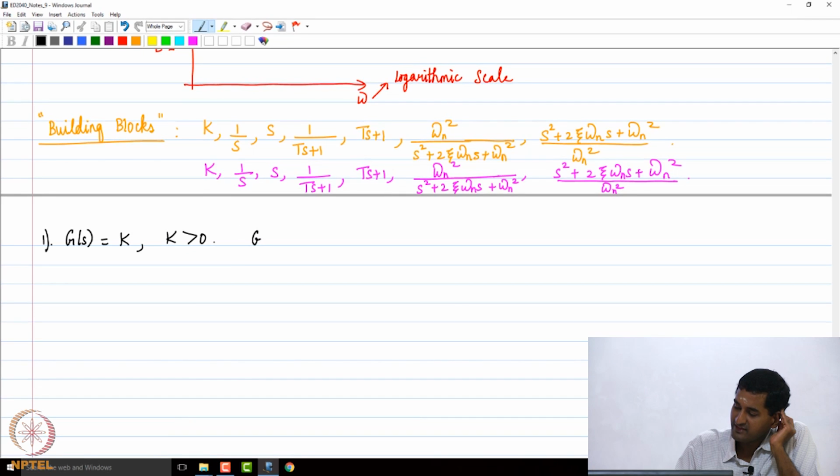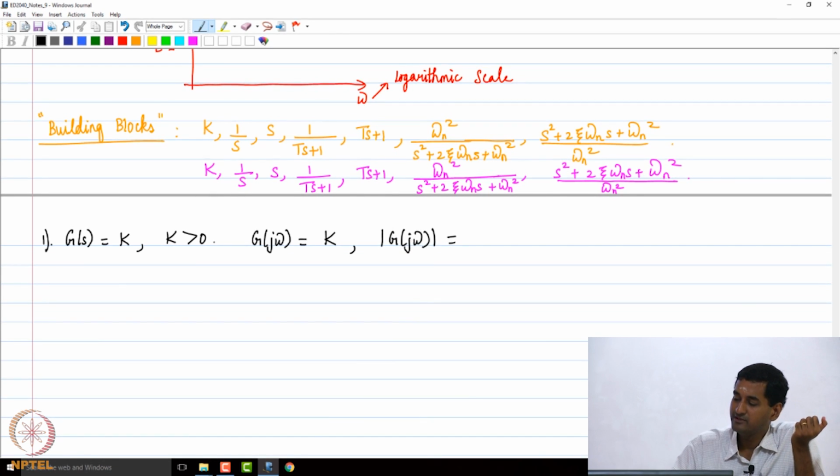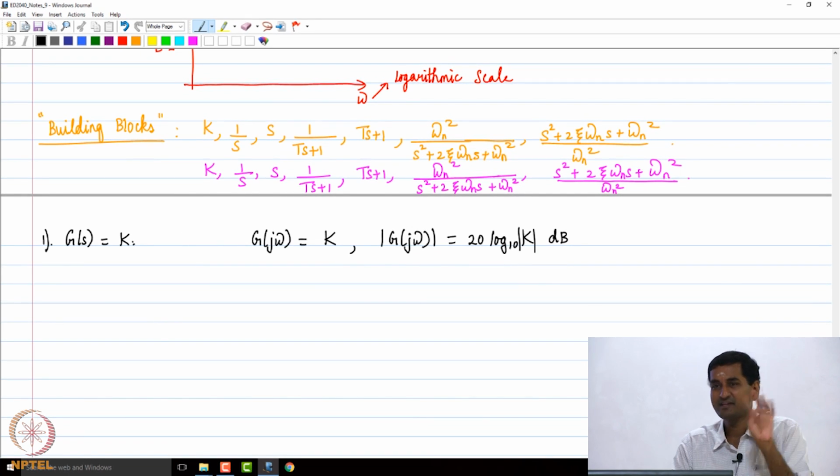If g of s is k, g of j omega is going to be just k. Then the magnitude of g of j omega is going to be equal to 20 log to the base 10 of the magnitude of k, which is just k, in decibels. Or of course k need not be positive; let's take a generic case. Let's say k is some real number.